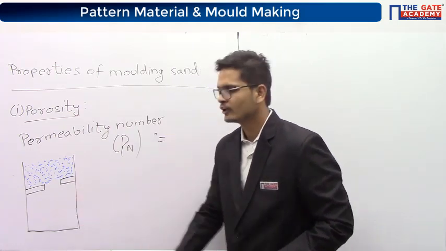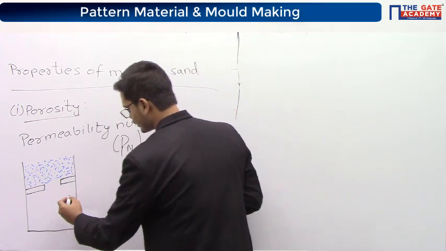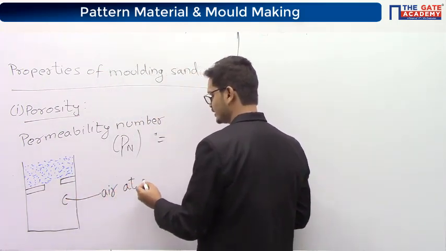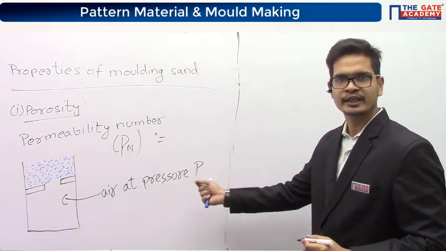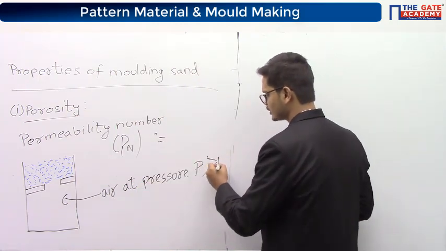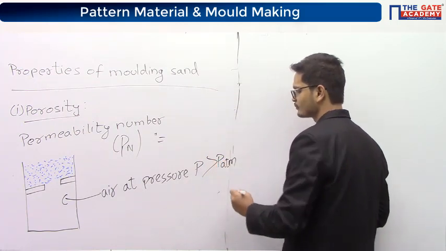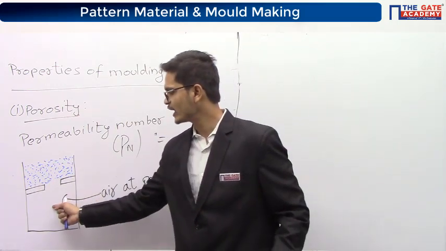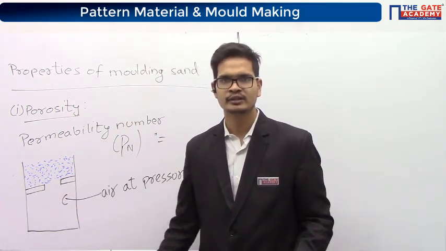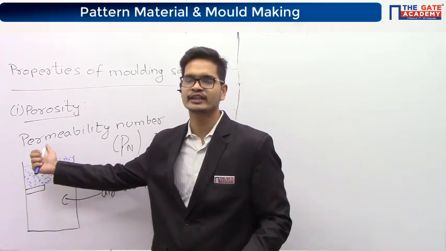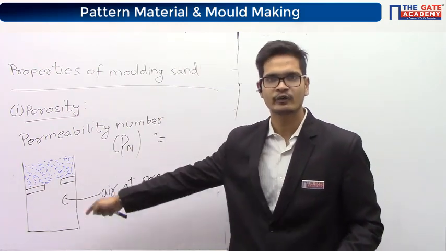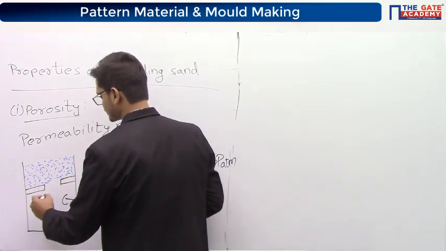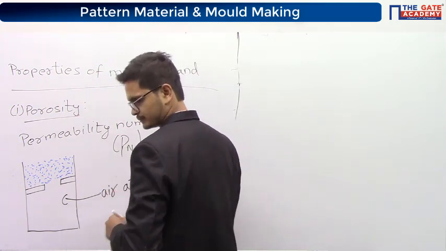So here we'll keep air. We'll have air at pressure P. This pressure P is greater than P atmospheric. Since the pressure of the air is higher than the atmospheric pressure, it will try to escape through the molding sand, right? So this air will try to escape from here.